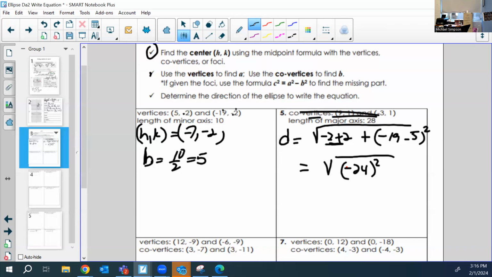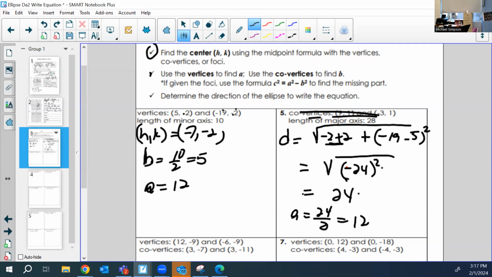However, if I square this and then take the square root of it, I'm just getting back 24. So my distance between those two points is 24. Therefore, my a value is going to be 24 divided by 2 equals 12. So my a is 12. Hopefully you see that.